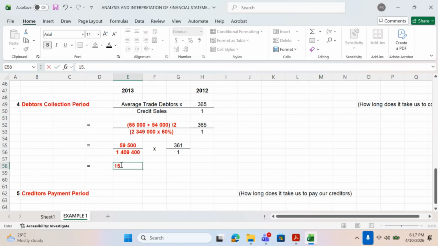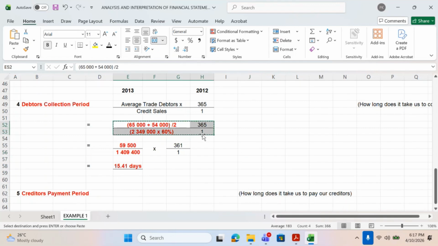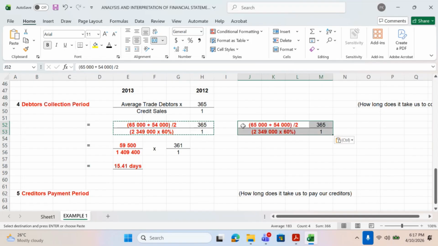Yes, exactly. 15.41 days. Okay. So this is our average debtors collection period.